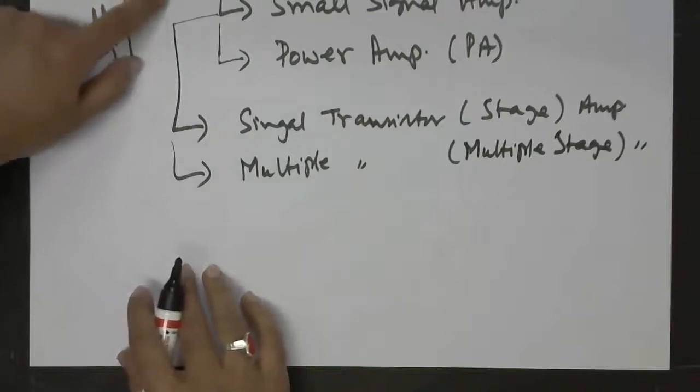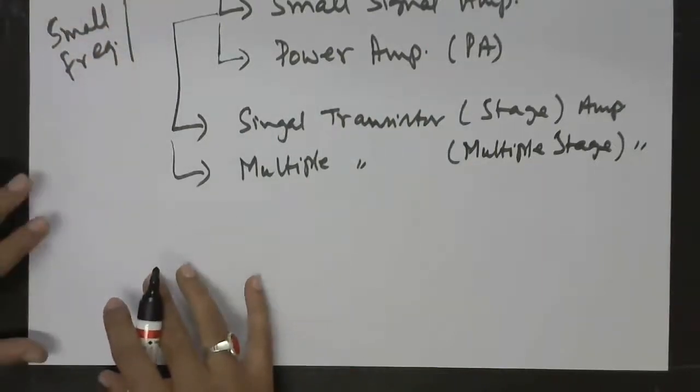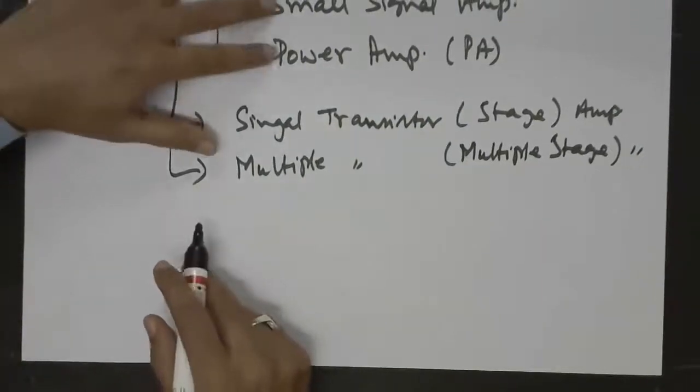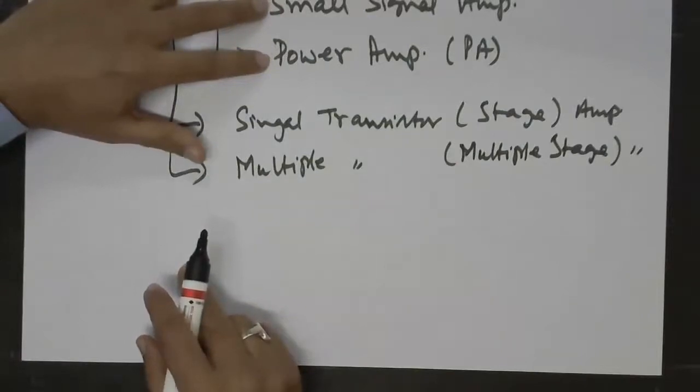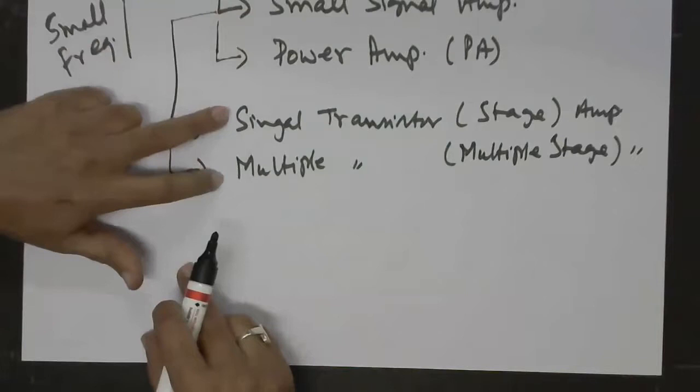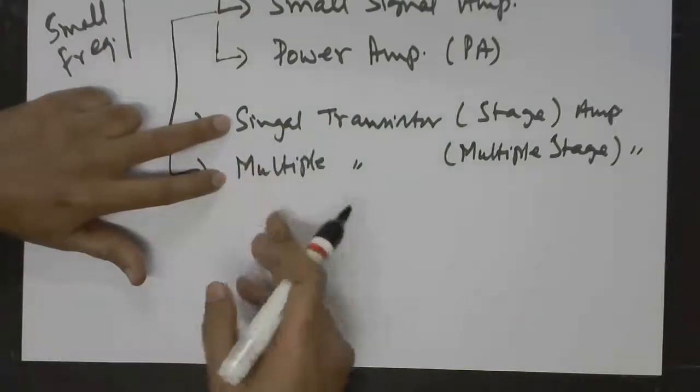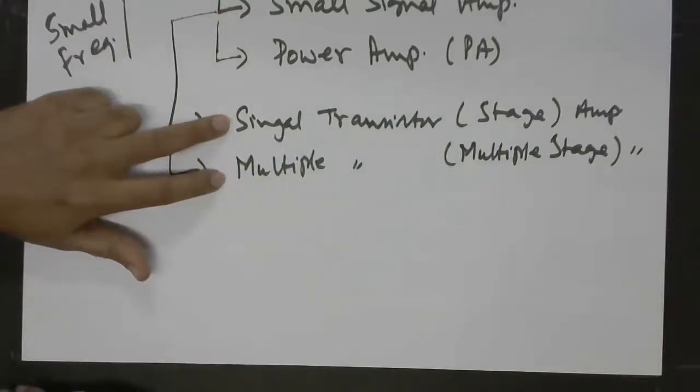So this amplifier module is going to be the biggest module in this course, and this itself will be divided in two major parts: small signal amplifier and power amplifier. And the small signal amplifier again will get divided into these two major categories.